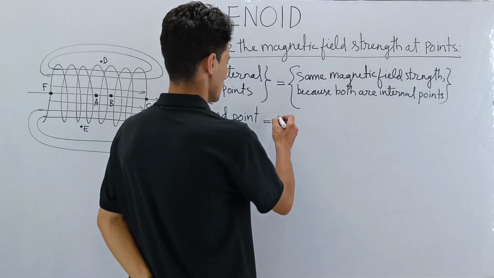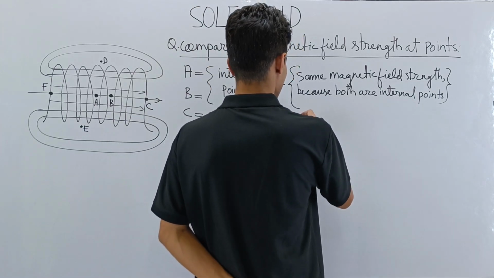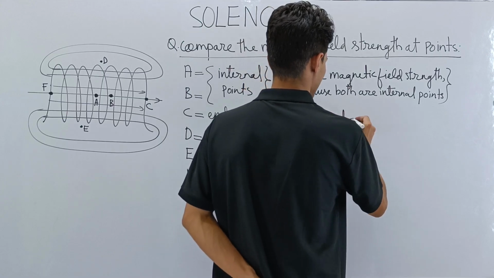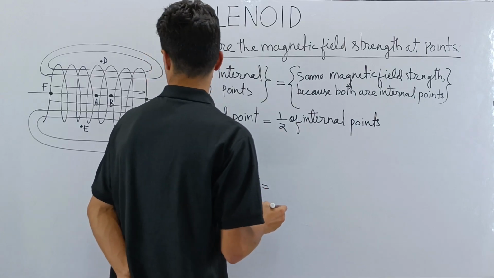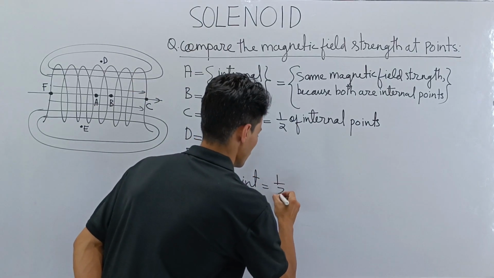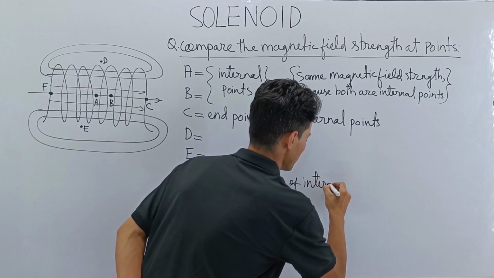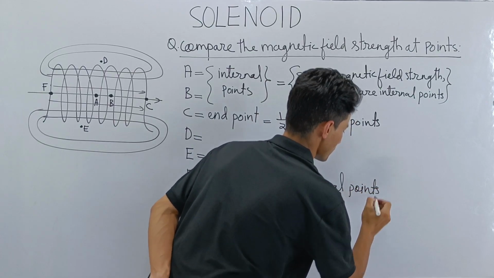So the magnetic field at point C and F will be half of the magnetic field at internal points. Remember this.